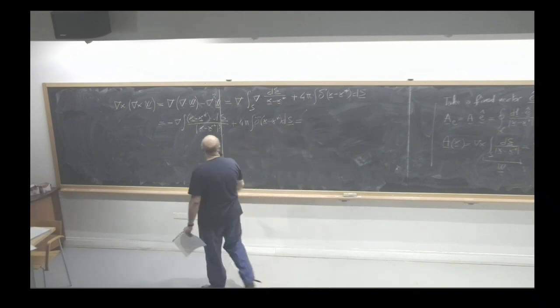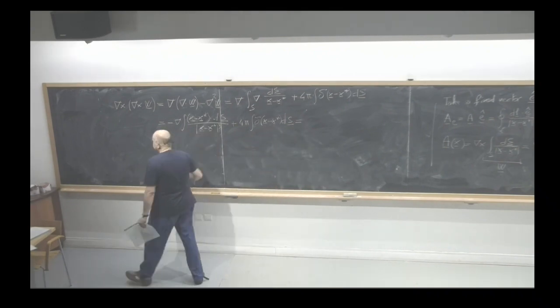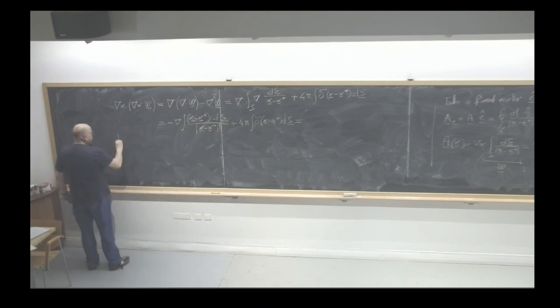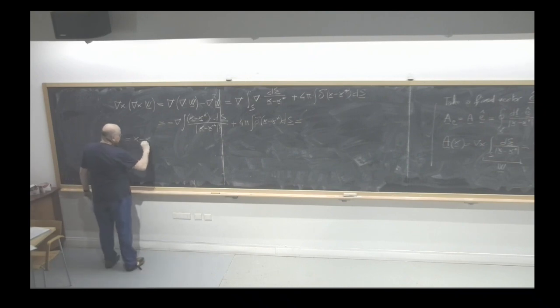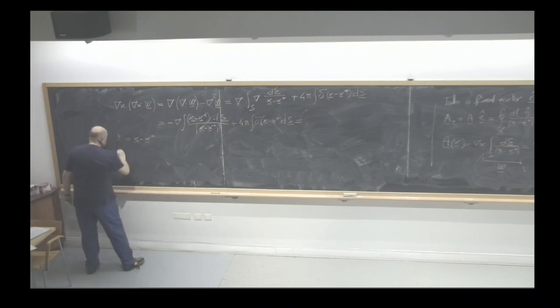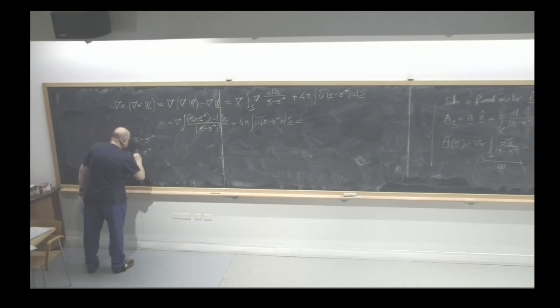Now, remember, yesterday I couldn't resist mentioning R is x minus x star, and I can introduce an R hat, a unit vector given by x minus x star divided by its modulus.